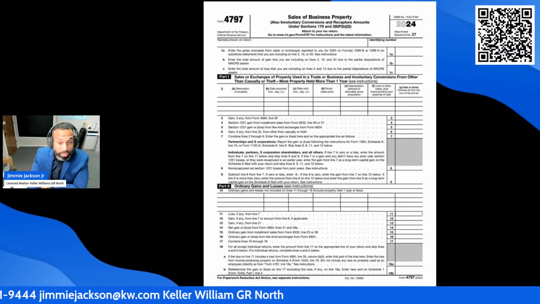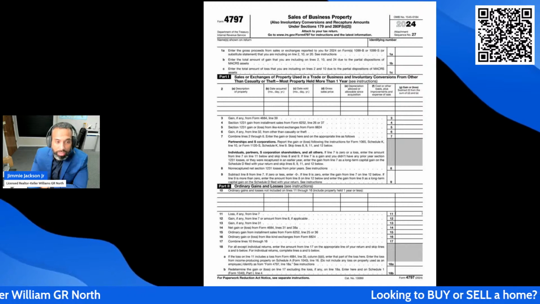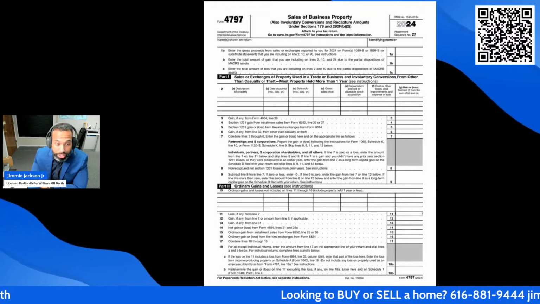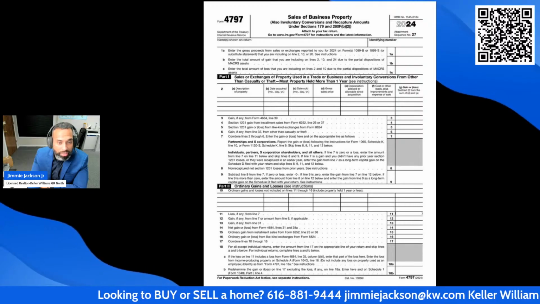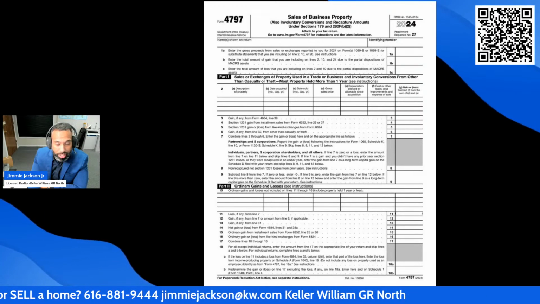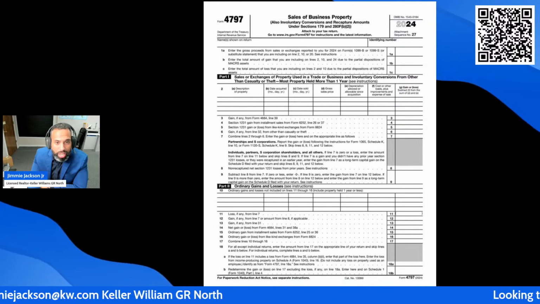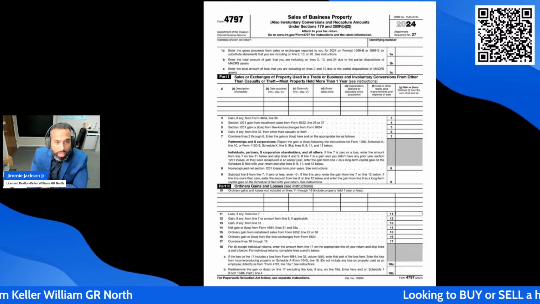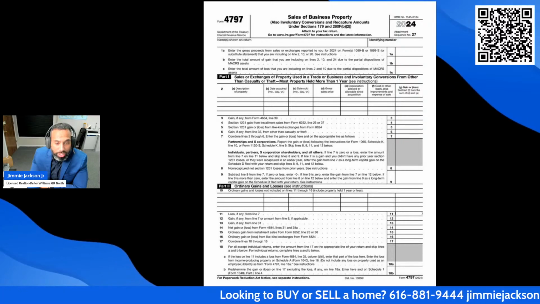This one matters. It's a big one. You have to use it for your capital gain because you're selling. It separates your profit into your capital gain and your depreciation recapture. These are taxed differently. Your original purchase price, what you paid for it, you have to make sure that you keep track of that.